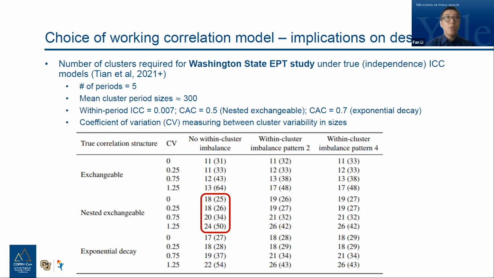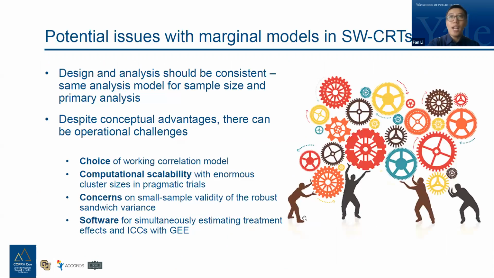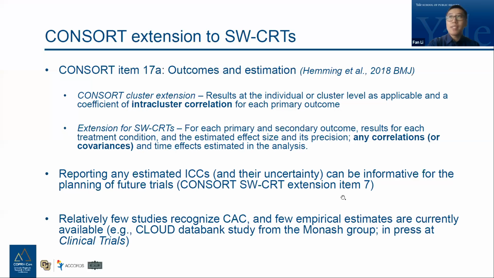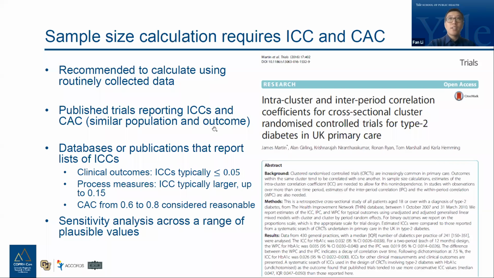So that could lead to inaccurate calculation of the sample size for the larger definitive trial. And that's also why it has been encouraged to actually study the ICC estimates in larger studies, including the databases that are currently available, including multiple SW-CRTs with sufficient sample sizes, or just to have a more systematic study on the ICC parameters for existing or ongoing studies, as one of these published articles has done, which would include a sufficient sample size in general.